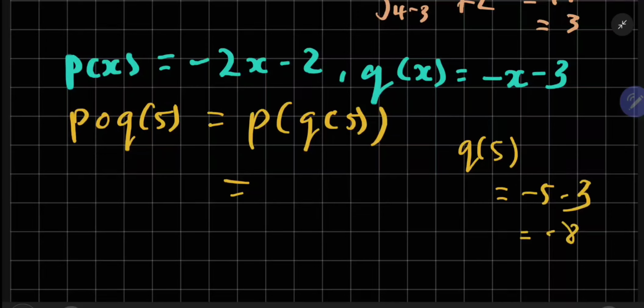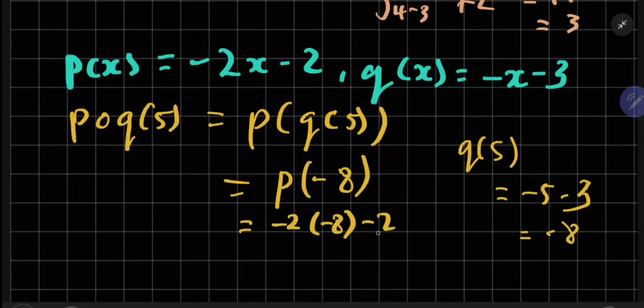That's minus 8. So it means we want to find p of minus 8. And p of minus 8 equals minus 2 times minus 8 minus 2. 2 times minus 8, that's 16 minus 2, which equals 14.